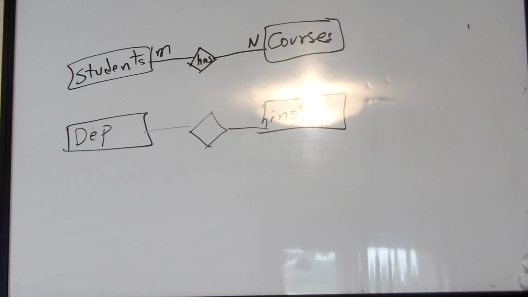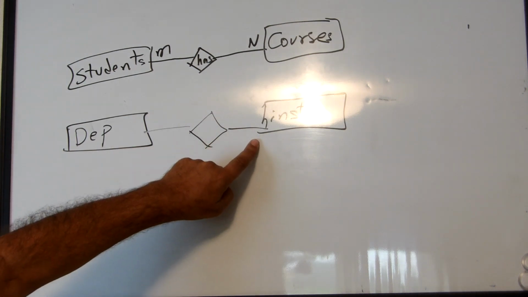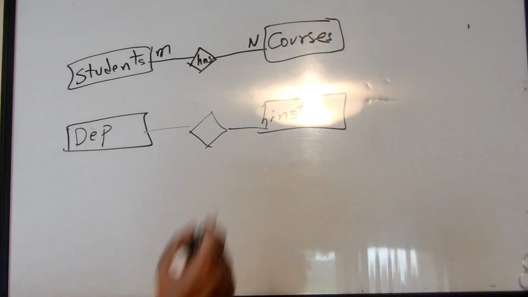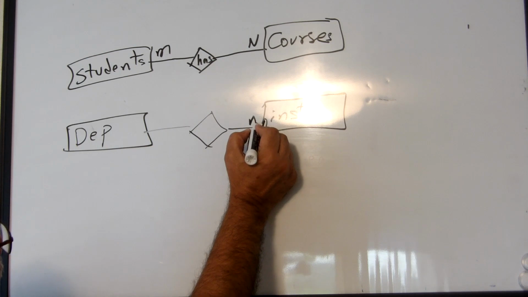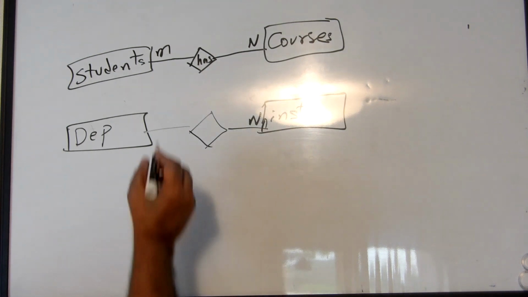We can say a department can have many instructors, but an instructor can belong to one department. So that is one to N.